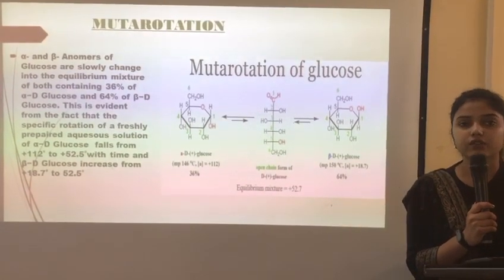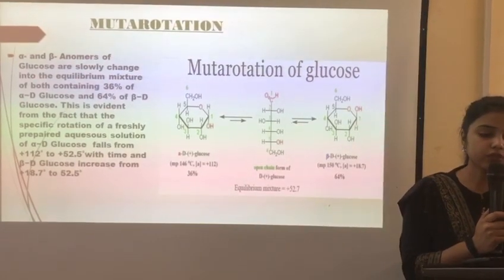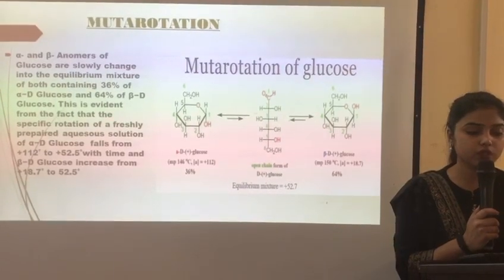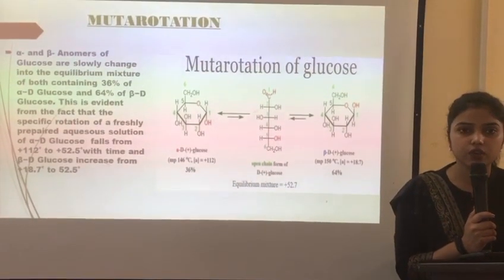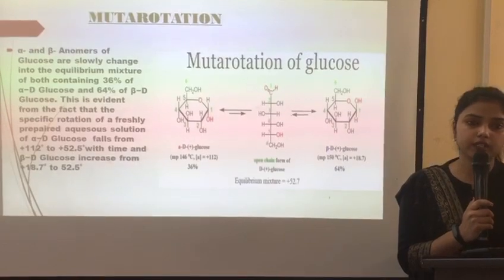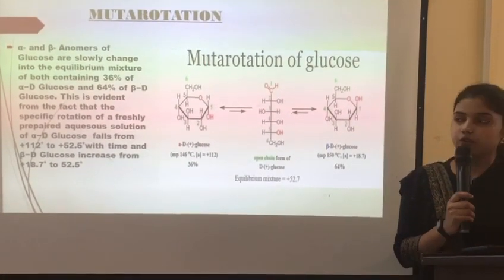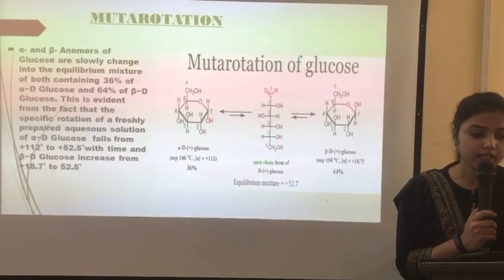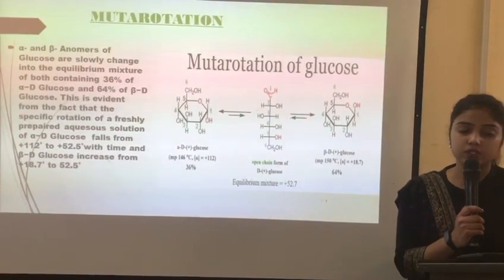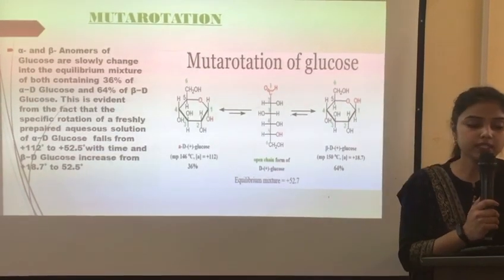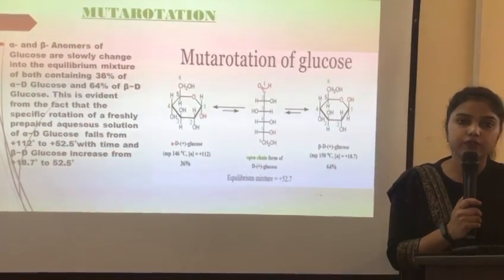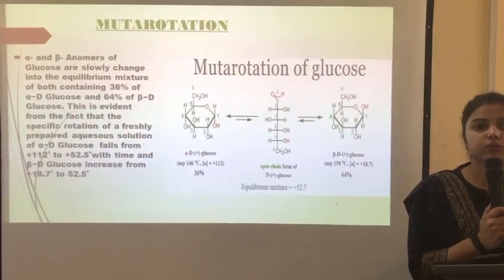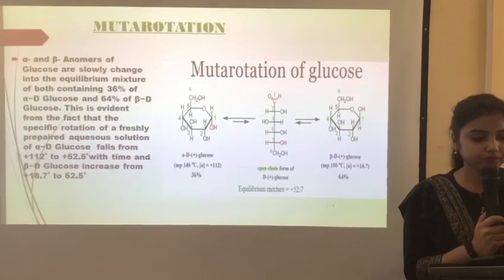This is evident from the fact that the specific rotation of a freshly prepared aqueous solution of alpha-D-glucose falls from plus 112 degrees to plus 52.5 degrees with time, and that of beta-D-glucose increases from plus 18.7 to 52.5 degrees. This is all about the mutarotation of glucose.